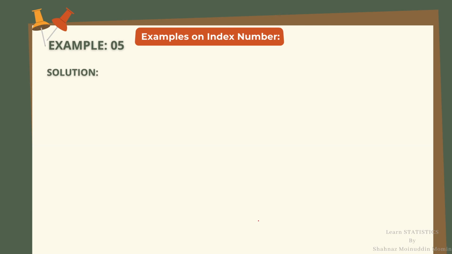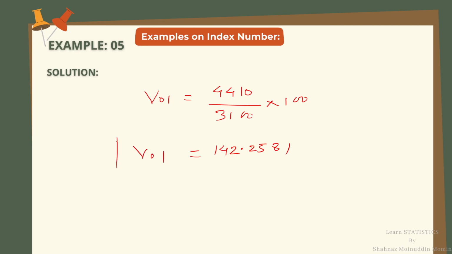By putting the values, V01 is equal to 4410 divided by 3100 into 100, which is equal to 142.2581. This is the value index number.